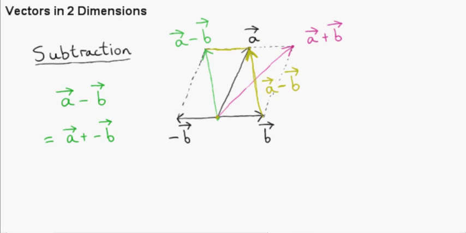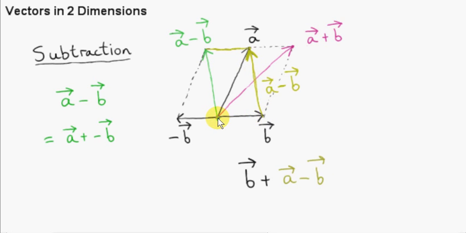And that makes sense if we just consider the addition of vector B and vector A minus B. If we take vector B and add it onto vector A minus B, well, we have our triangle construction, or the triangle law as it's sometimes called.